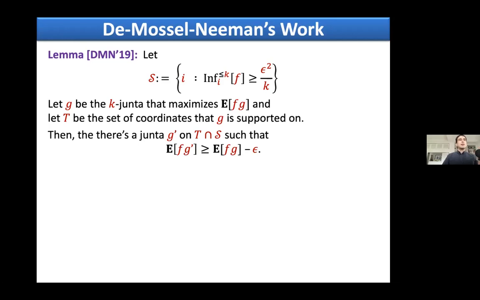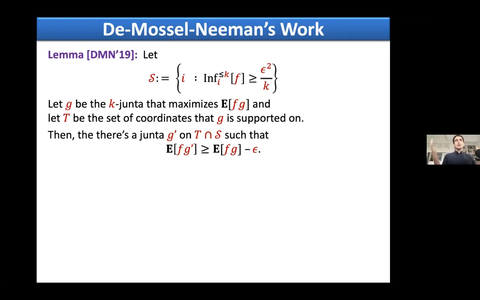So the lemma, which is really a few lines proof, is that if G was the best k-junta, the one that maximizes the correlation with F, and G was supported on a set of coordinates T, then there's another junta, G prime, that is supported on T intersection S, such that the correlation of F with G prime is at least as good as the correlation of F with G minus epsilon.